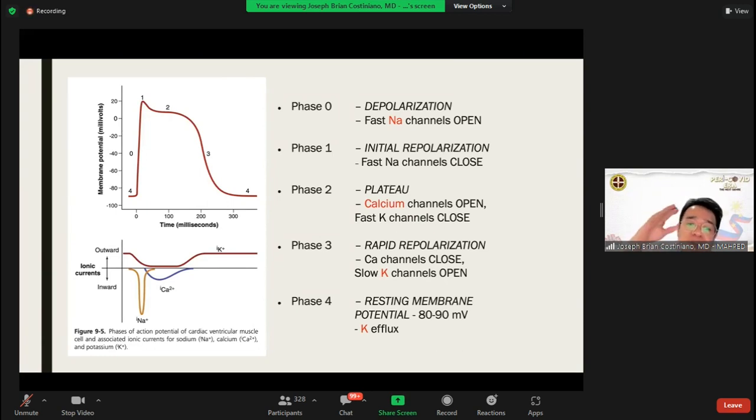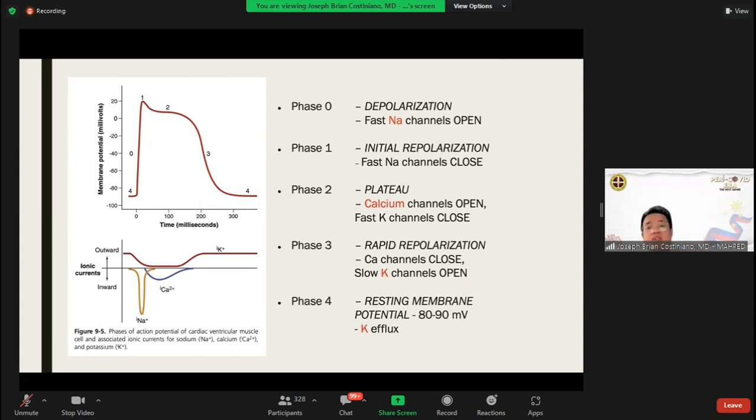Then the repolarization happens, and your slow potassium channels begin to open. As you can see in phase 4, or the resting membrane potential, the predominant ionic current here is the outward movement of potassium, or potassium efflux.